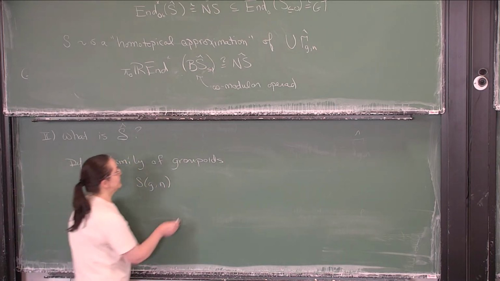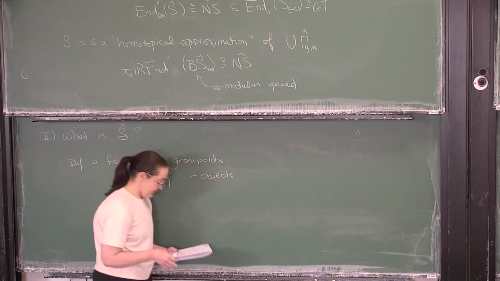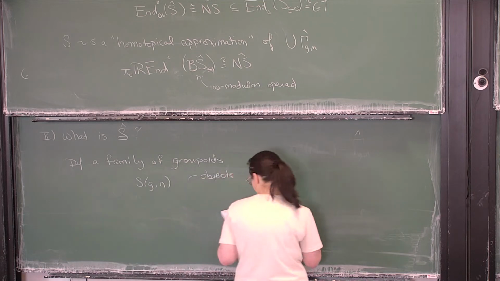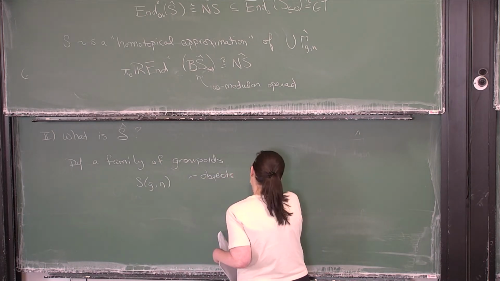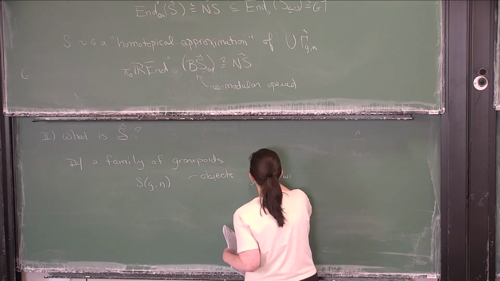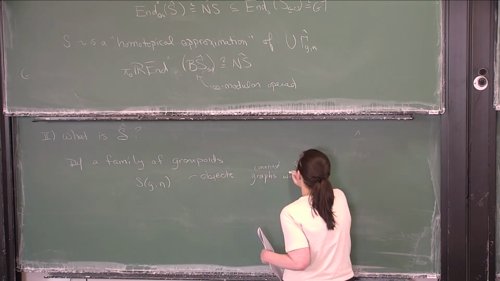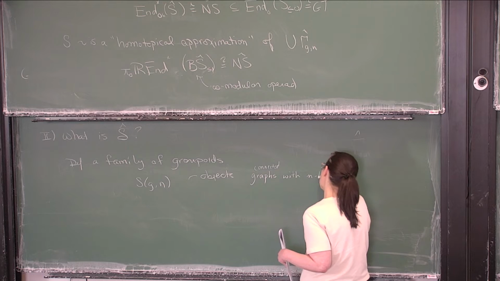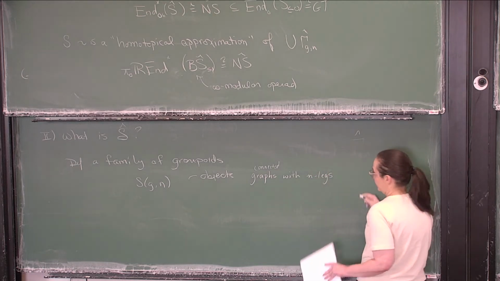And these groupoids are going to have objects of a very specific type of graph. We saw something like this before. So objects are connected graphs with n legs, in which every vertex has a base.